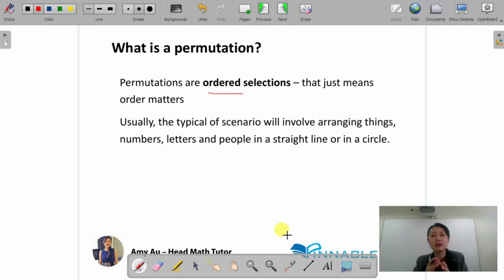That's generally the permutation category. Combination is slightly different. It's unordered selection, so you'll see questions around selecting people for committees or into groups, where the order in which you select those people doesn't matter that much. But that's not the focus of today. We're going to focus on permutations.